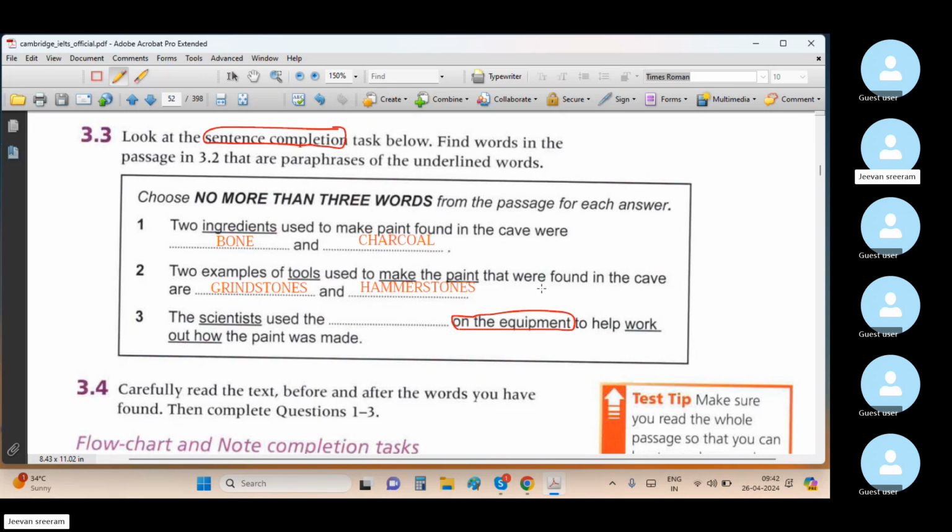There was something on the equipment that was used by the scientist to understand how paint was made, to understand the process of making paint. What was given in the passage that was on the equipment?